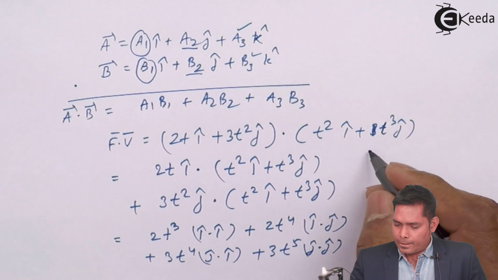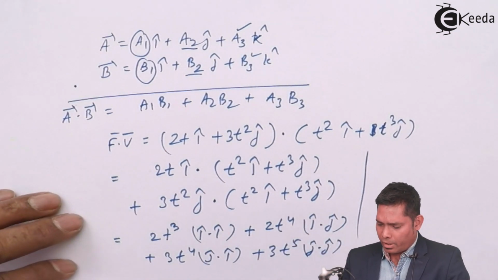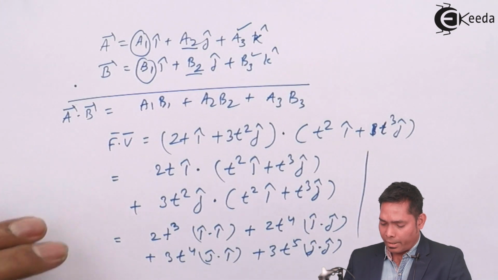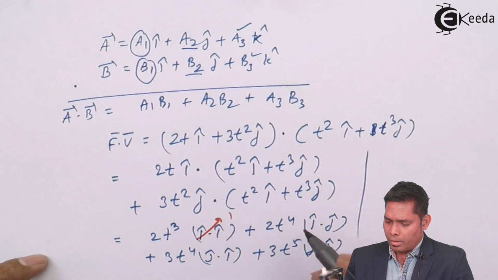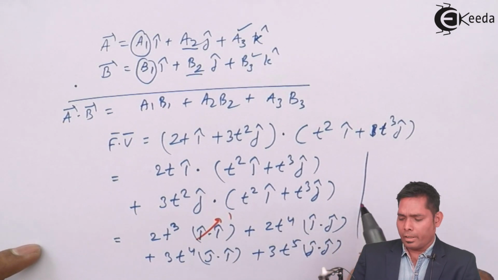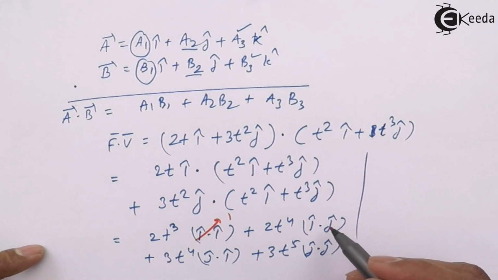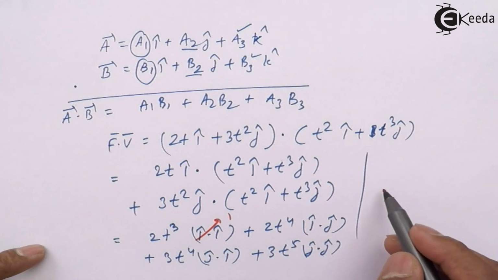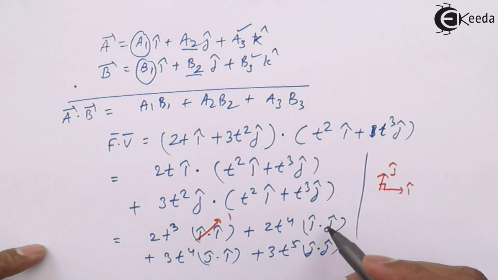We know that i dot i is 1. For i dot j, the dot product a dot b is ab cos theta, so i dot j is i j cos theta. Theta is 90 degrees because i and j are perpendicular to each other, i in x direction and j in y direction. So cos 90 is 0.